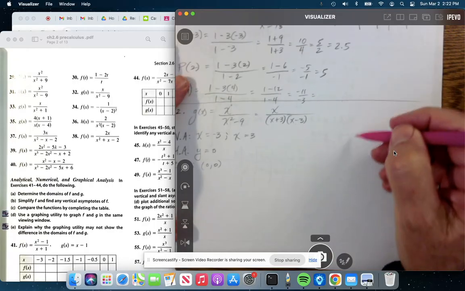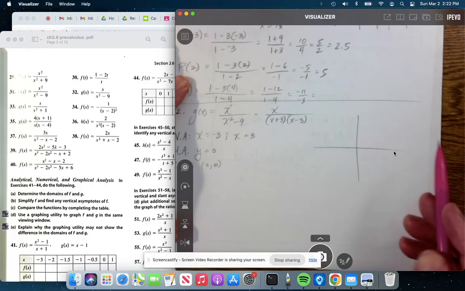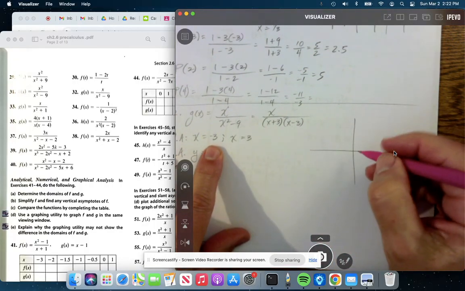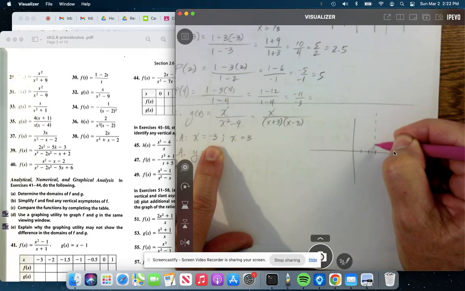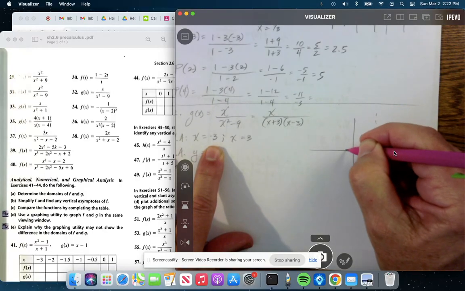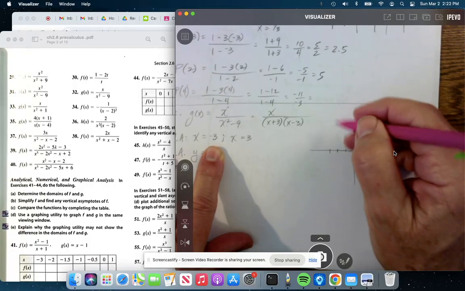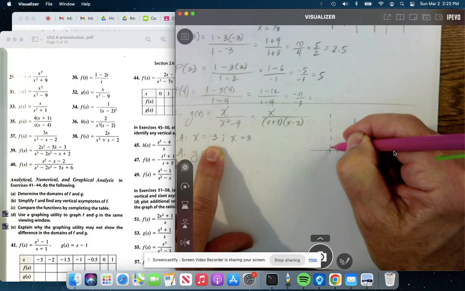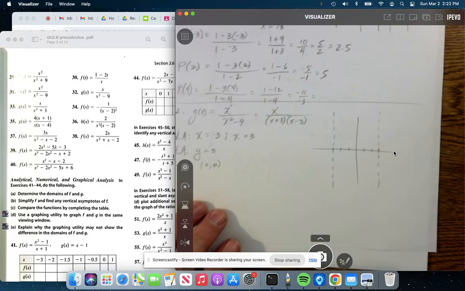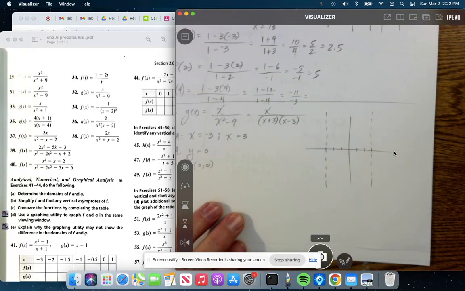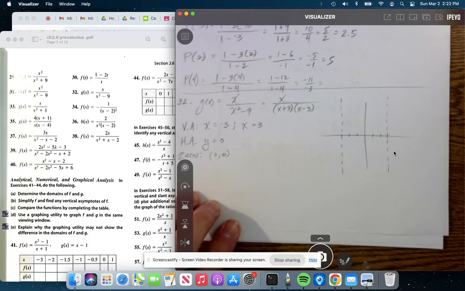All right, so let's start graphing it. So I go over 1, 2, 3, make an asymptote here. Go this way, 1, 2, 3. Another one here. Let's see what happens when I plug some other numbers in.